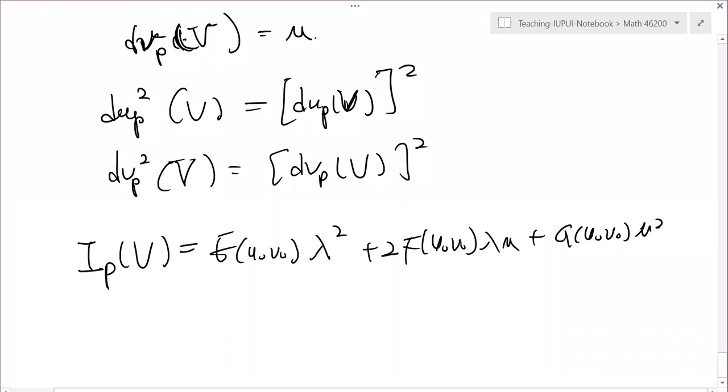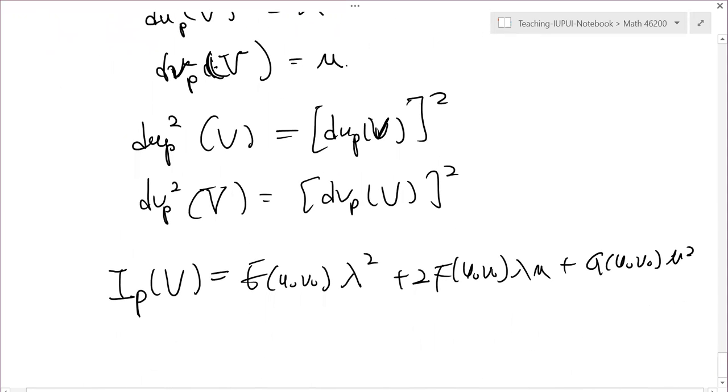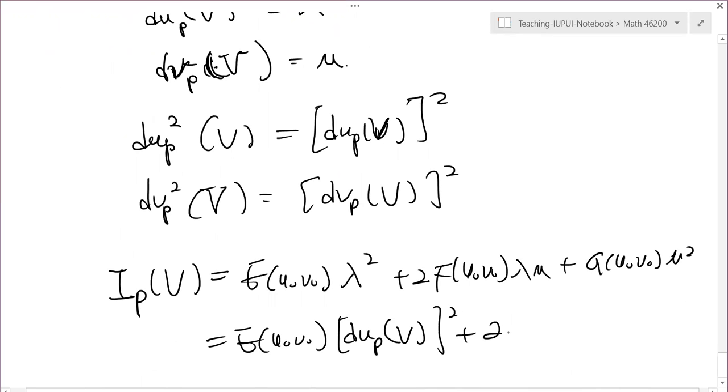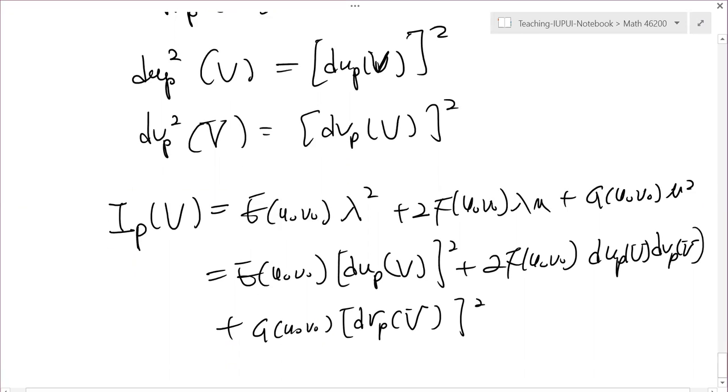Since lambda is just du_P of V, this is E (du_P V) squared, plus 2F (du_P V)(dv_P V), and the last one is G (dv_P V) squared.